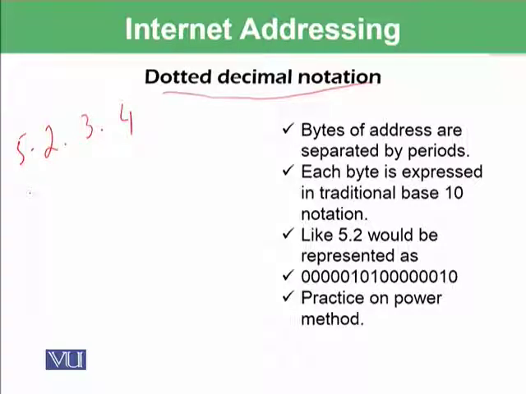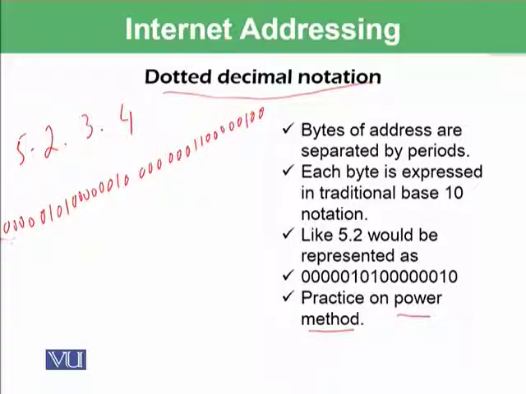Using the power method which we have learned in the previous modules, 5 can be represented as 101 with 5 zeros added before it, 2 can be represented as 10 with 6 zeros before it, 3 can be represented as 11 with 6 zeros before it, and 4 could be represented as 100 with 5 zeros before it.